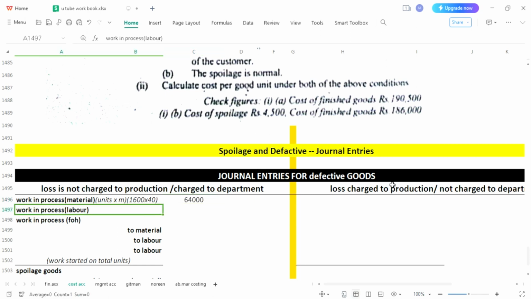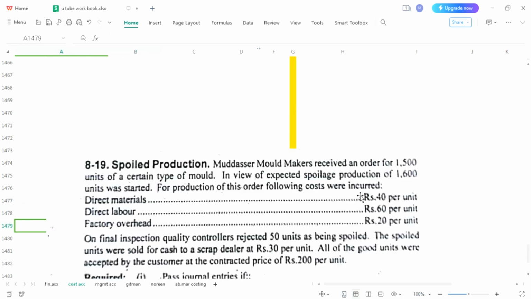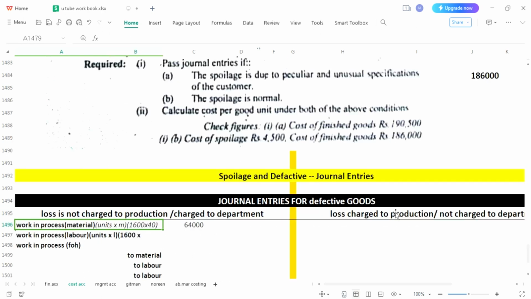In a similar way, we will now calculate work in process labor. Again, the number of units would be needed and multiplied with per unit cost of labor. The number of units would be similar for all three elements. 1600 are the number of units. We need to multiply it with per unit cost of labor. For that, let's go to the question. Direct labor 60 per unit.